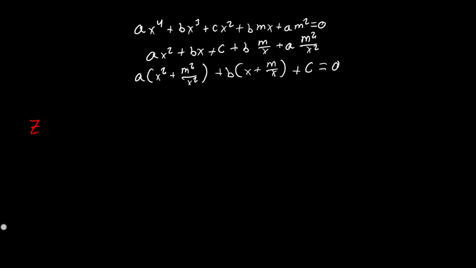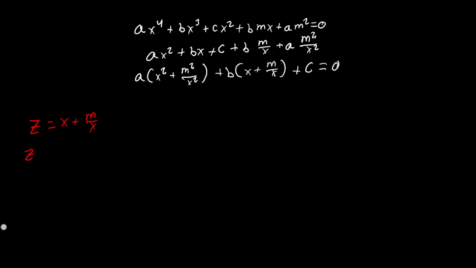So we have z is equal to x plus m over x. And now we could directly plug in z for x plus m over x, and we will get b z.